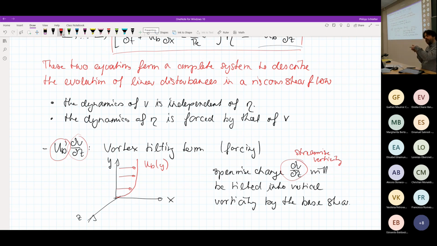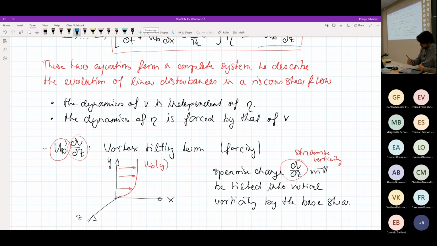And this streamwise vorticity acts as a source term in the wall normal vorticity term. And of course, what happens is that the base flow, which is shearing in the vertical and the y direction, is essentially tilting up the streamwise vorticity into wall normal vorticity.